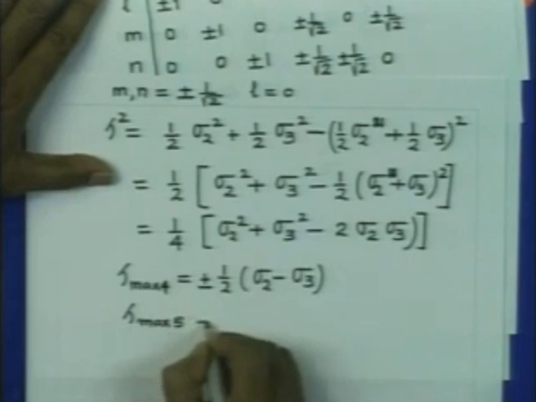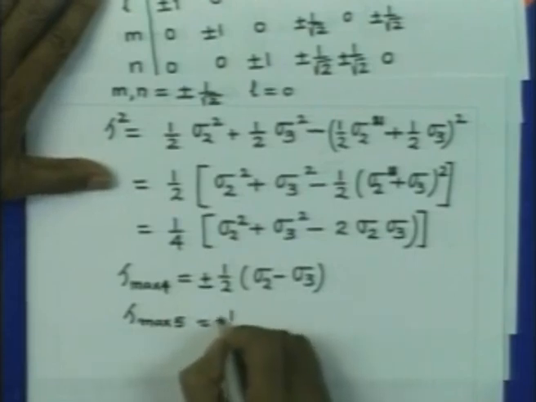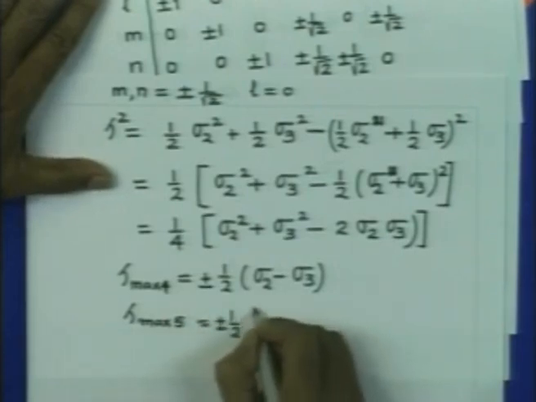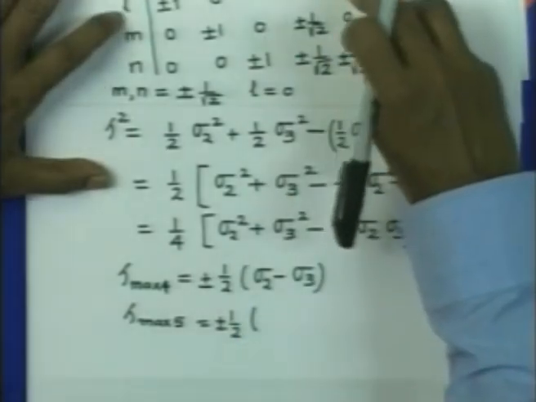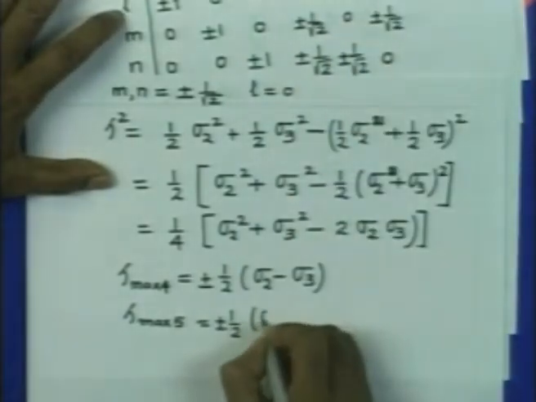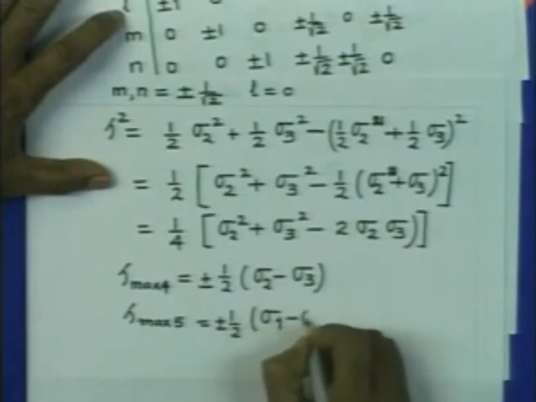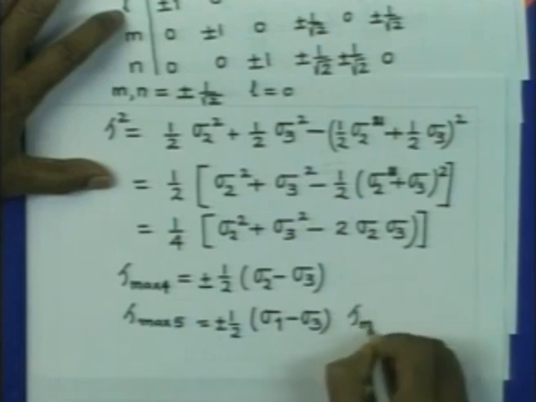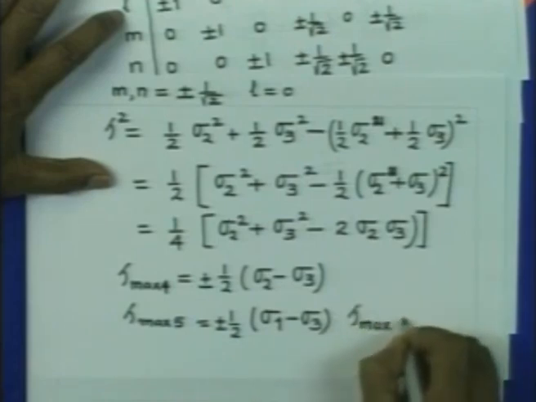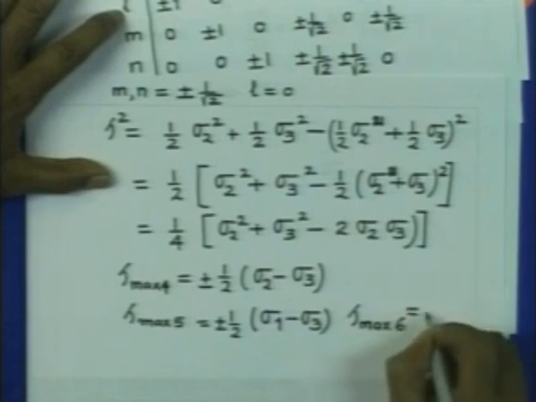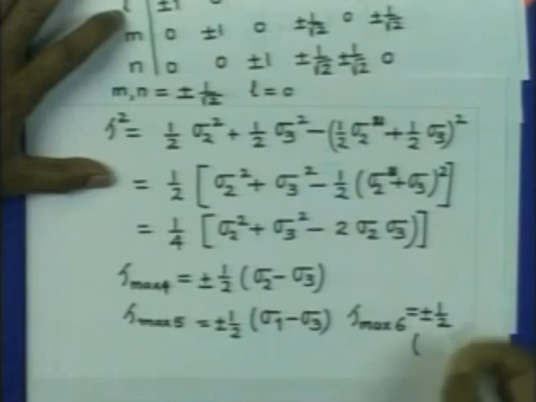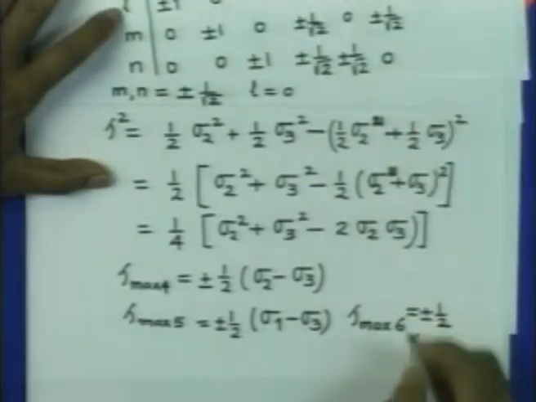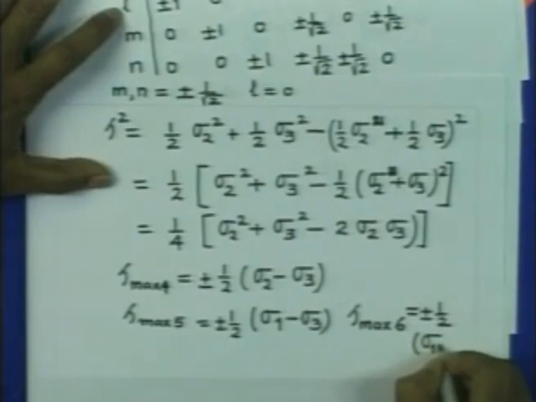Plane number 5 is going to be given by plus minus half, involving sigma 1 and sigma 3, so sigma 1 minus sigma 3. Plane number 6 will be involved with plus minus half into, in this case directions 1 and 2 are involved, and the stresses are sigma 1 minus sigma 2.